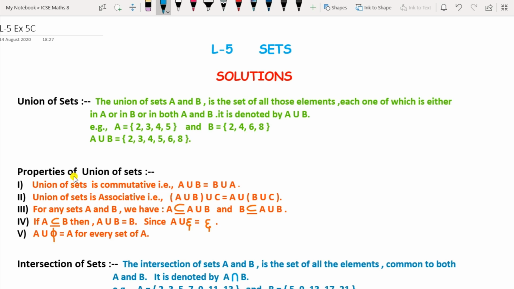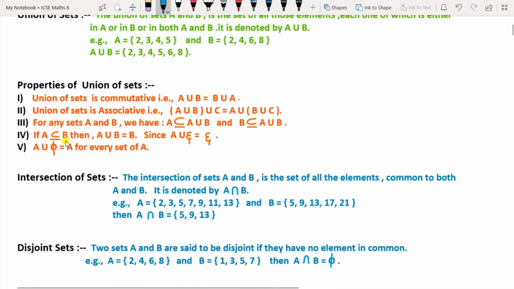There are some properties of A union B. Union of sets is commutative, that is A union B equals B union A. Union of sets is associative. So if you take three sets and put the bracket here or here, the answer will be the same on LHS and RHS.